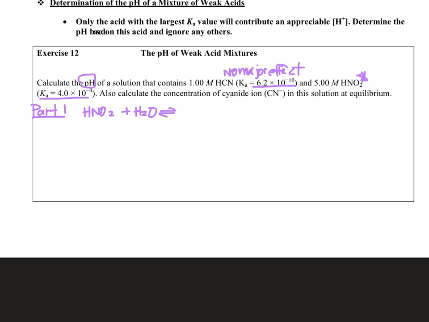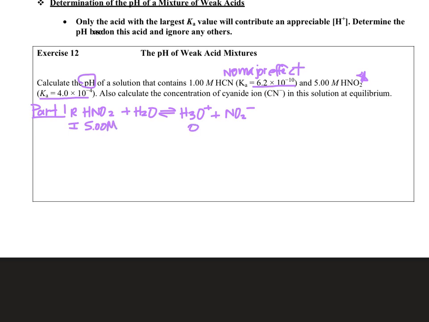And when that dissociates, we're going to end up with H3O plus and NO2 minus. All right, so when we look at initial quantities, our initial amount here is going to be 5 molar. Again, remember we use molarity, not moles.